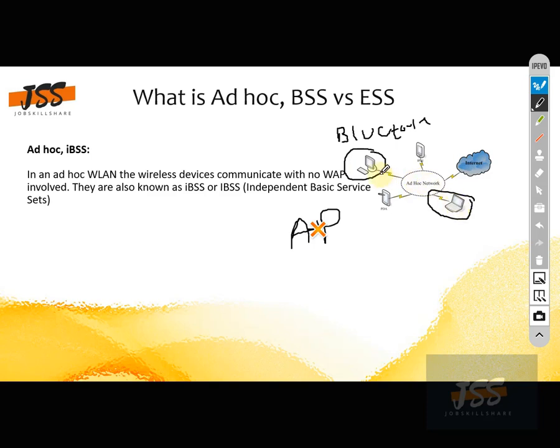So basically there is no access point in between to share the information. The information that is shared without an access point is known as ad hoc, and sometimes it is also known as IBSS, which stands for Independent Basic Service Set. So it means without a basic service set.